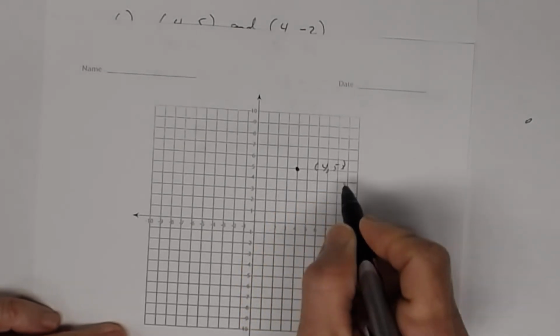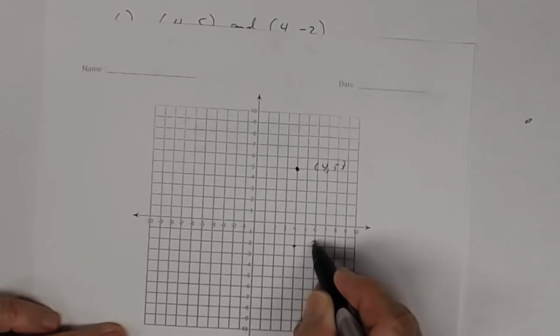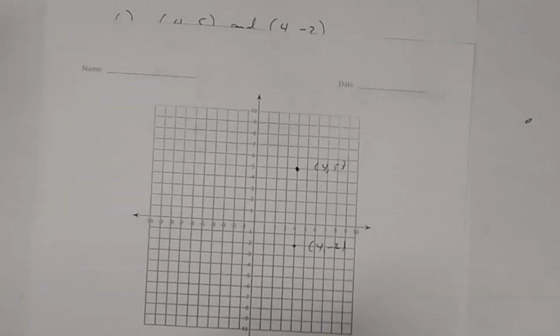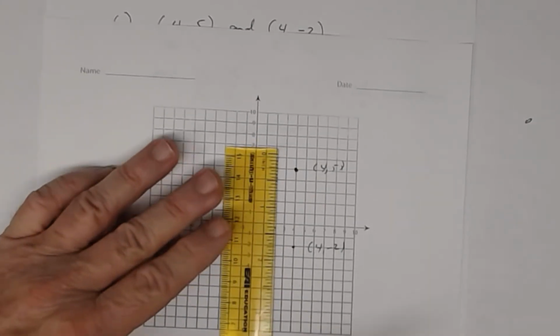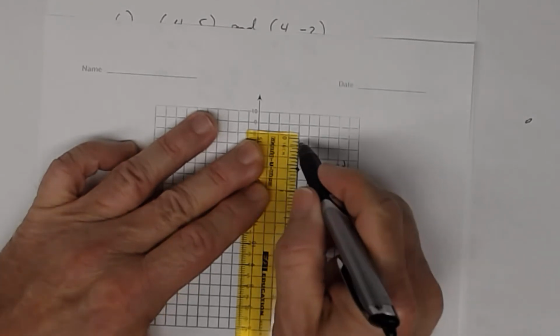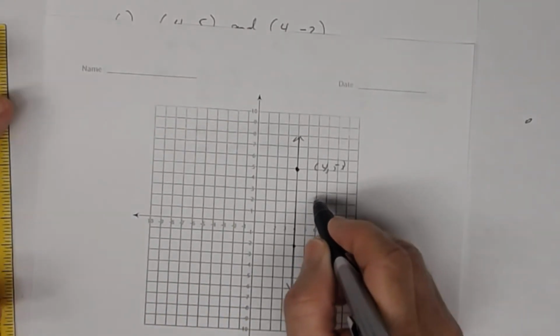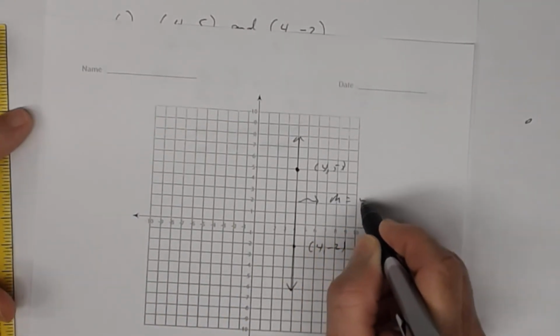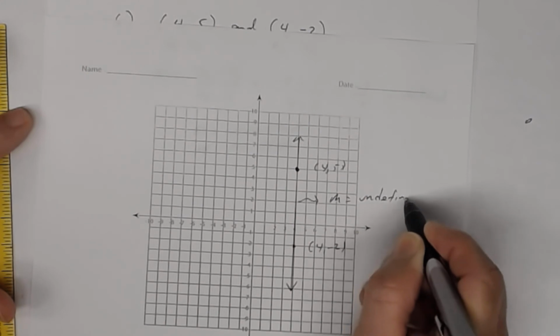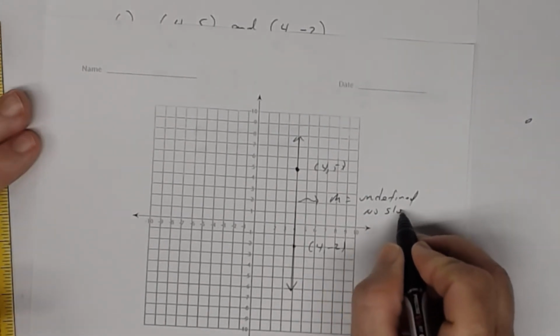That's in the first quadrant, and then 4, -2 is in the fourth quadrant. 4, -2, and when I graph the line, notice that I will get a vertical line. And we saw that the slope is undefined, right? So the slope is undefined, or we can say no slope. There's no slope, so that means the same thing.